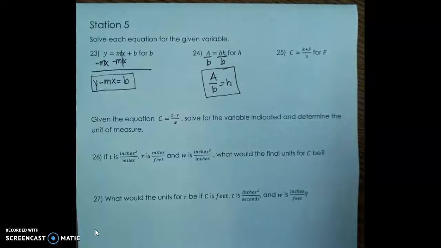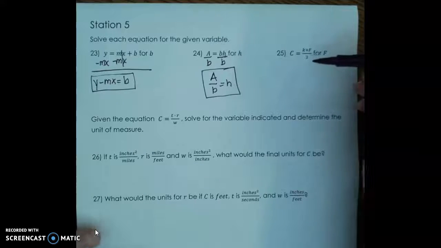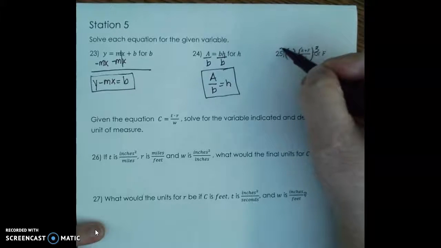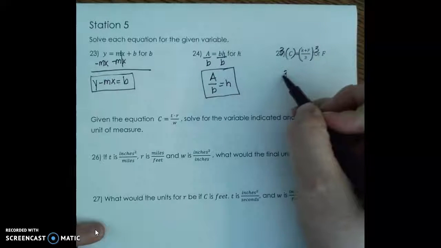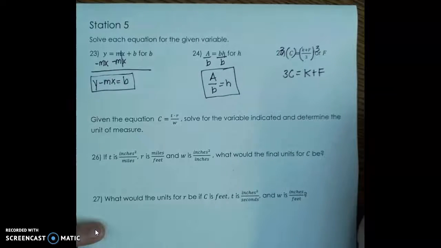Okay. In 25, we want to get f by itself. F is locked up here in the numerator. So for us to get into the numerator, we got to get rid of the denominator. So to cancel that, we're going to multiply both sides by 3. And I get 3c equals k plus f.